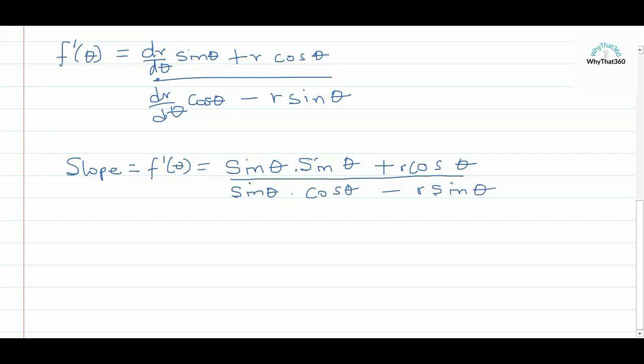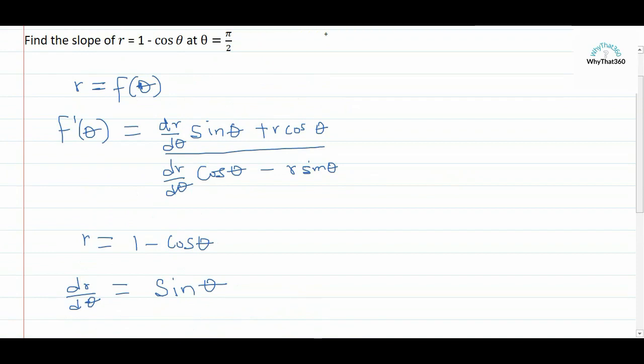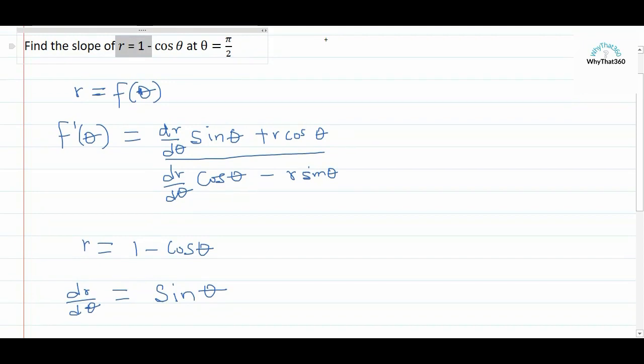And we know from the beginning the value of r was given in the question as 1 minus cos theta. You can find it here.